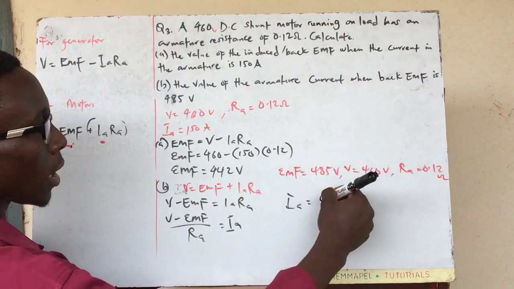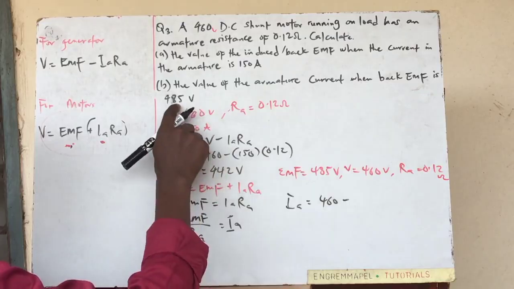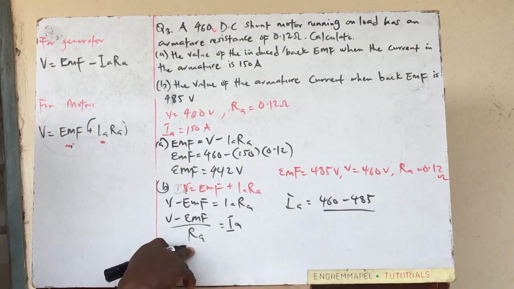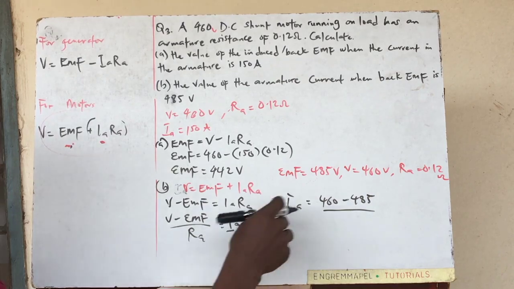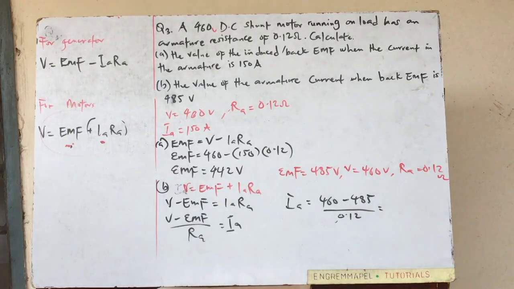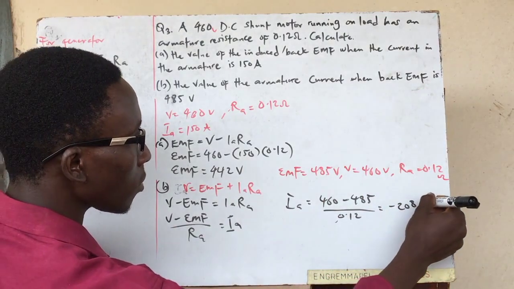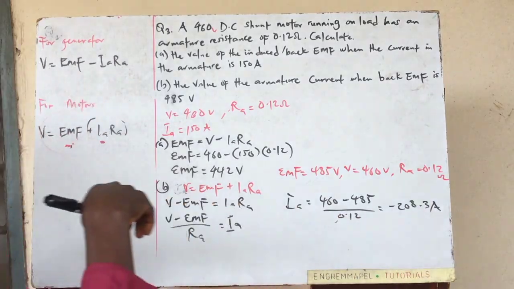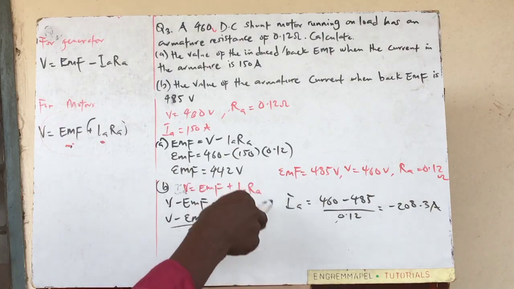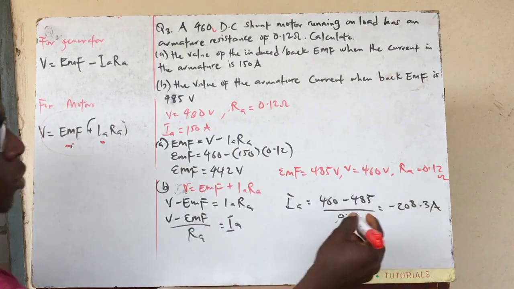Our V, which is 460, then minus the EMF that was given in this very question, which is 485, then over the armature resistance, which still remains 0.12. Let's see what we have there. We should have minus 208.3 ampere. It will surely be negative, because you can see the EMF they gave us here is higher than the voltage that was here. So surely we should have a minus here. So that is the armature current here.